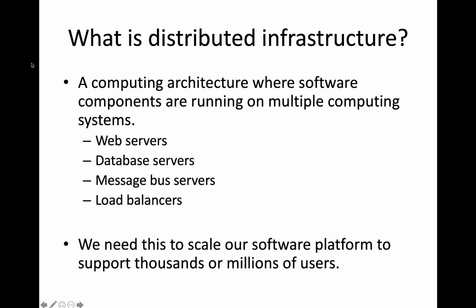You have load balancers, which are taking in incoming requests and redirecting or distributing those requests to our fleet of web servers. And all of this infrastructure is designed to allow us to scale our application services to support thousands or even millions of customers.